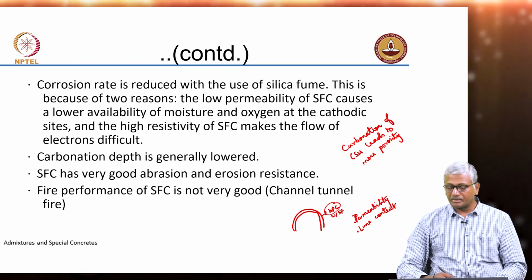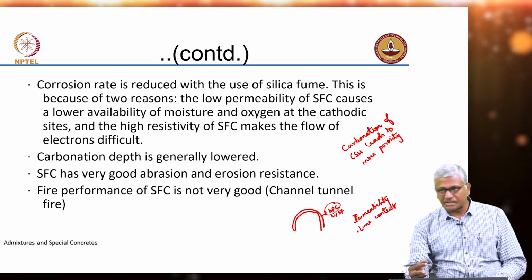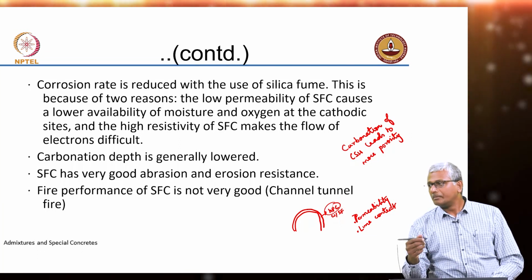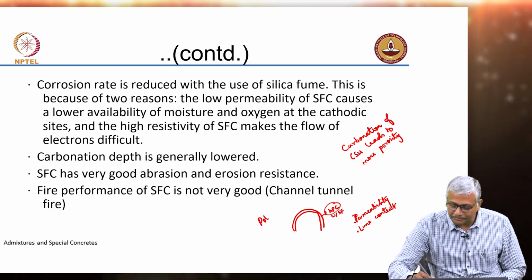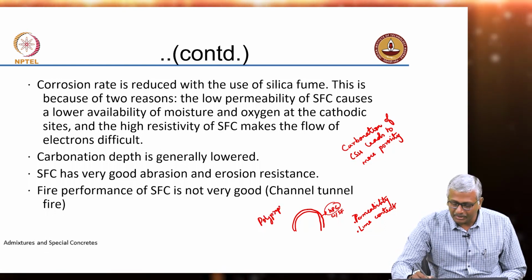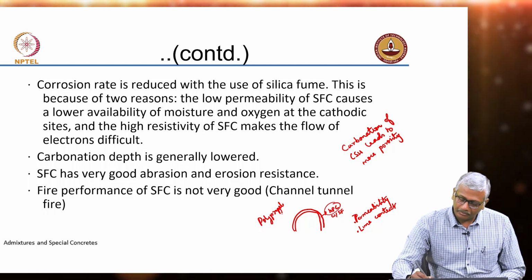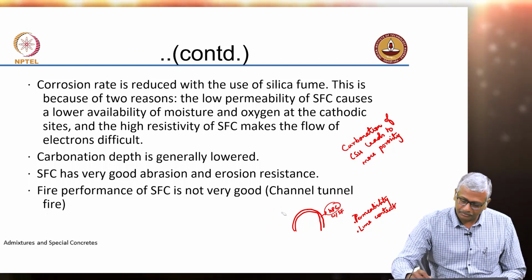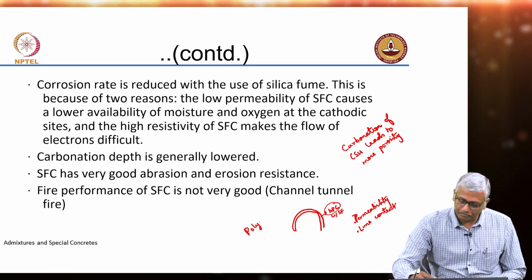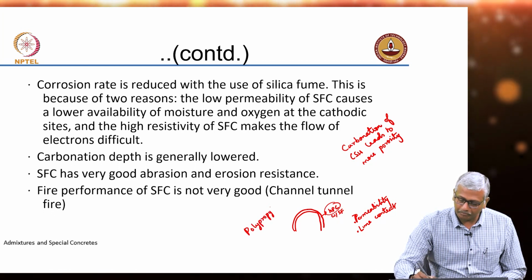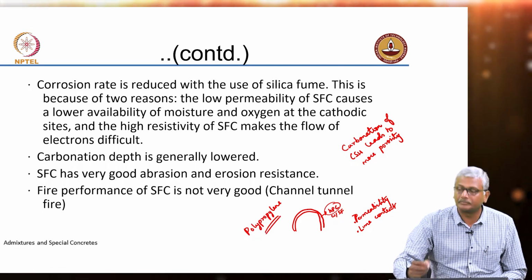Later, what people talked about is, okay, you can produce high performance concrete with silica fume, but use polypropylene fibers inside. That will reduce the spalling. Why? This type of polypropylene fiber, when temperature rises, gets melted down. It creates a pore.